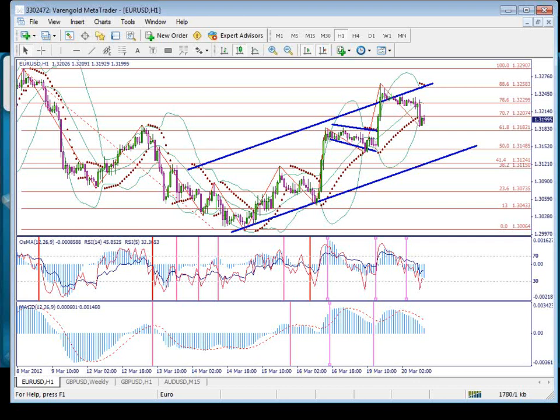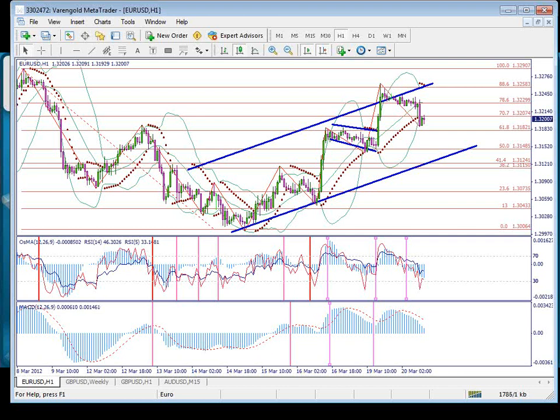So Paul is asking me, is fundamental analysis equally important as technical? Yes, both are important, but not in the same way. Fundamental analysis you can consider just for bigger time frames.